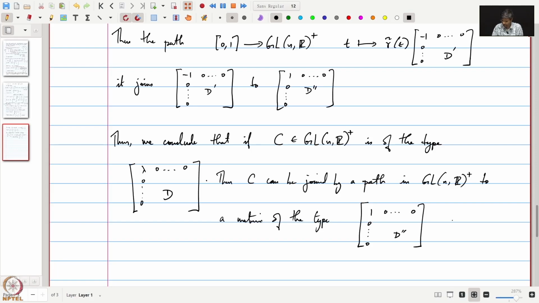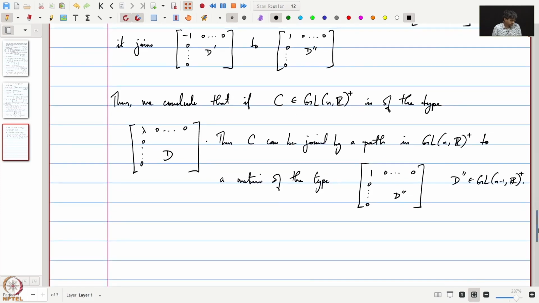And then D prime prime is forced to be in GL n minus 1 R plus.